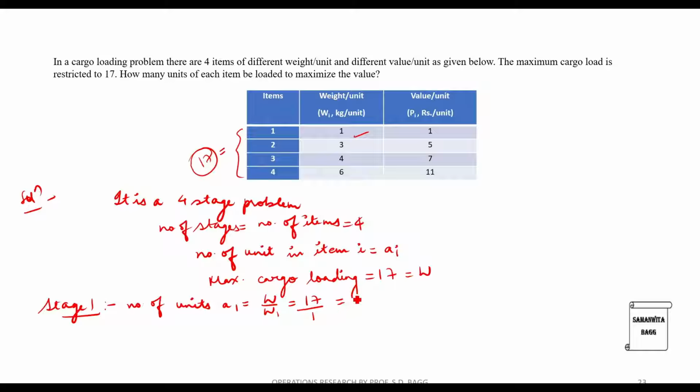So 17 divided by 1 is 17. Therefore, A1 will start from 0 and go up to 17. You can allocate 0 also, right? Quantity to the first item. And also it is given that P1 is 1 rupee per unit. So this data is also given to us. Similarly, we will calculate for the rest 3 of them.